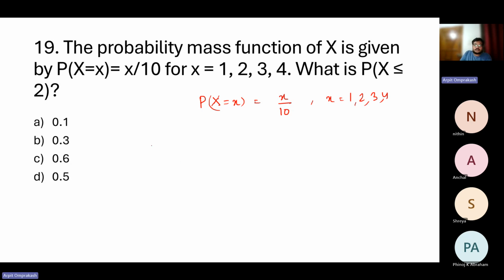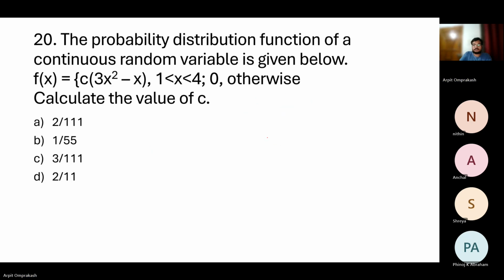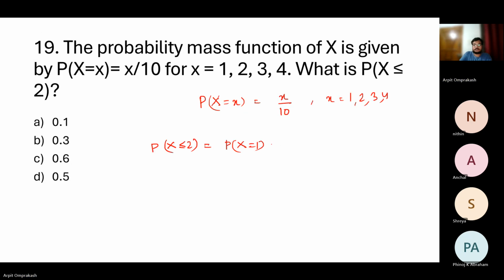We are asked what is the probability that x is less than or equal to 2. Since x can be 1, 2, 3, 4, this is nothing but the probability that x equal to 1 plus the probability that x equal to 2.